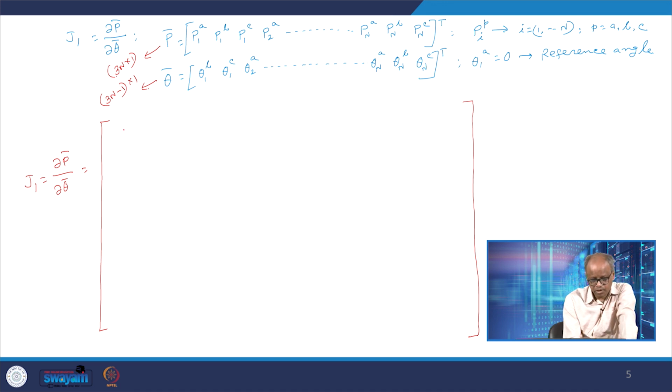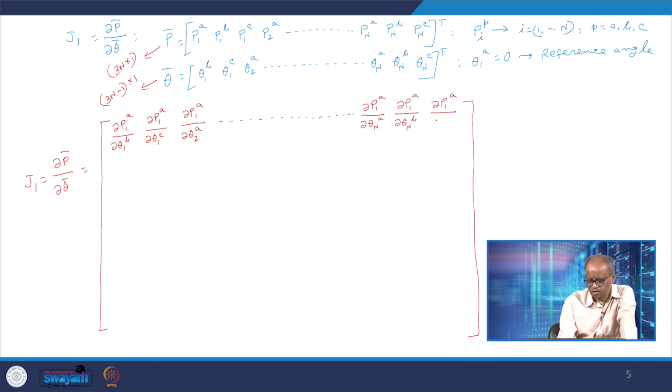Following the same, it will be del P1a by del theta 1b, del P1a by del theta 1c, and then del P1a by del theta 2a, dot dot dot, del P1a by del theta NA, del P1a by del theta NB, del P1a by del theta NC.